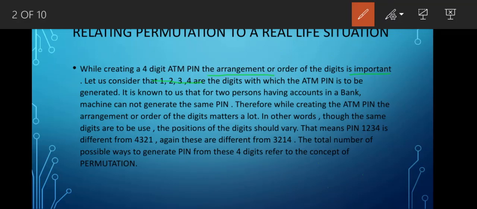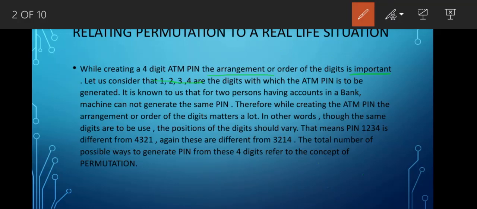So, suppose only 4 digits are provided, say 1, 2, 3, 4, and the machine is used to generate PIN numbers. In that case, the machine takes care of the arrangement or order of these digits. 1, 2, 3, 4, then after again it may be 2, 1, 3, 4, then again it may be 4, 3, 2, 1, in that way.